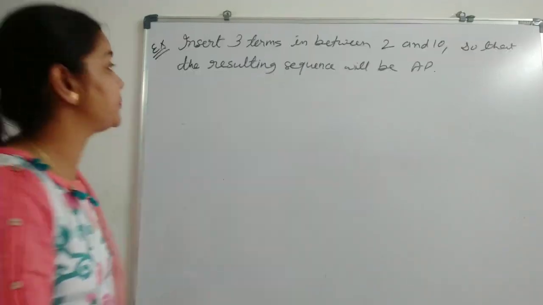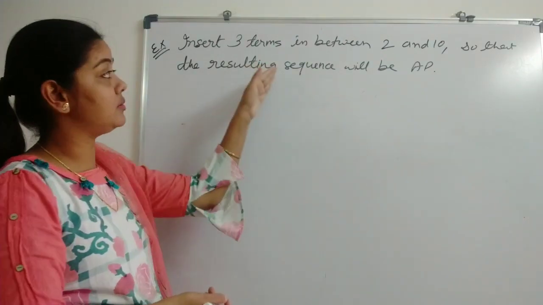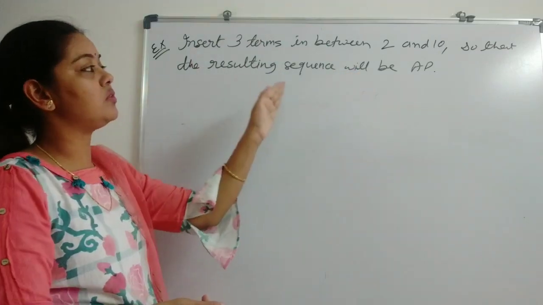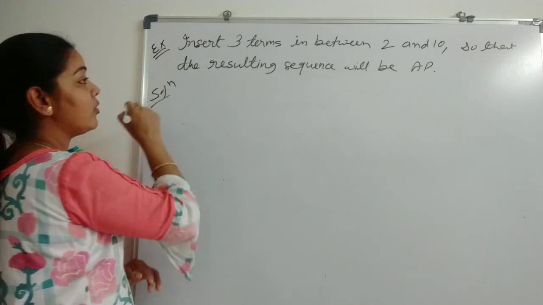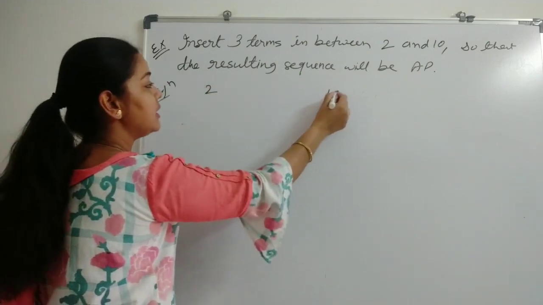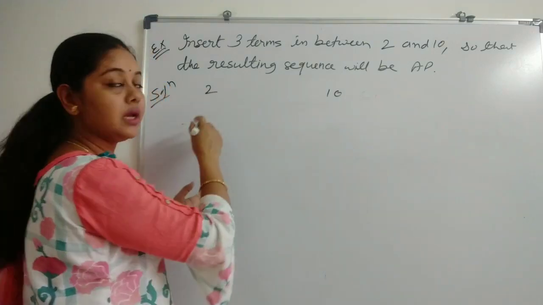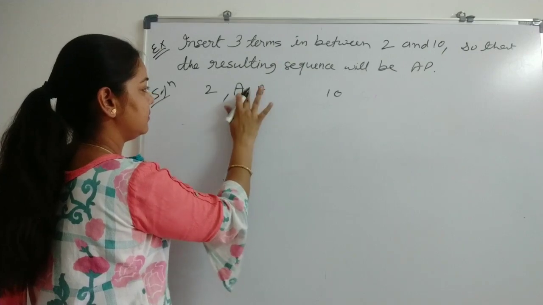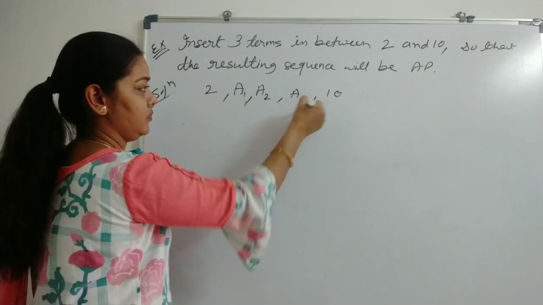Okay, now we are given: insert three terms between 2 and 10 so that the resulting sequence will be an AP. What we are given? We are given 2 and 10. We need to add 3 terms in between. Suppose a1, a2 and a3.